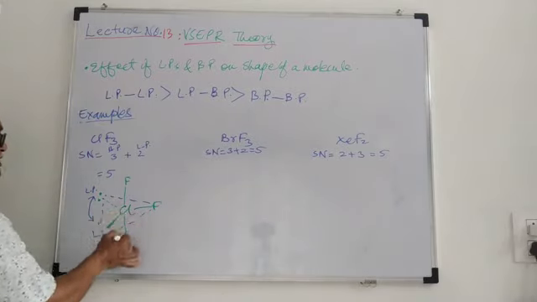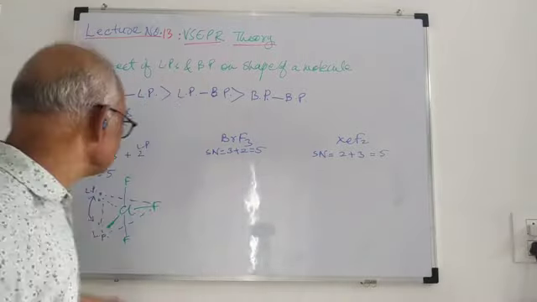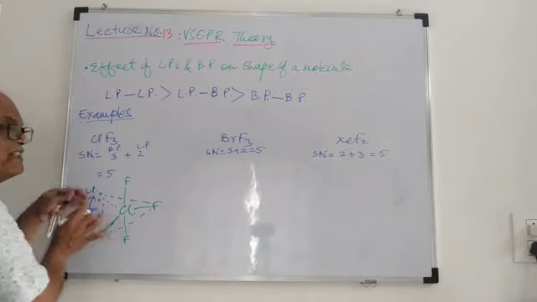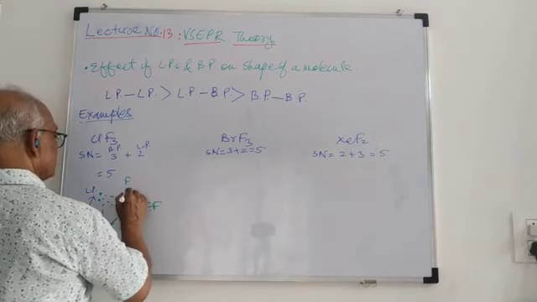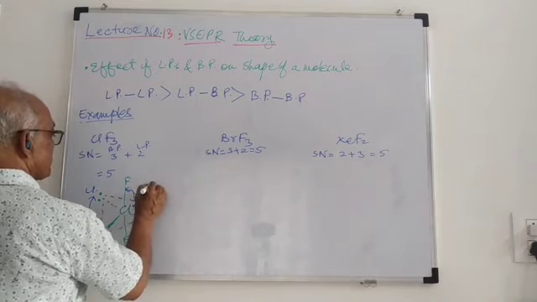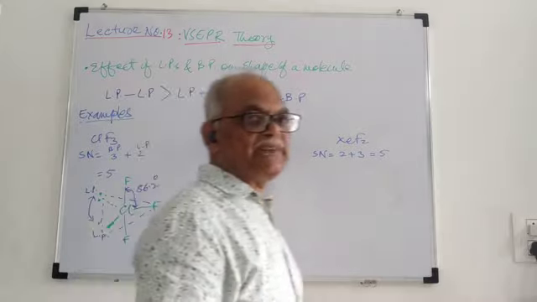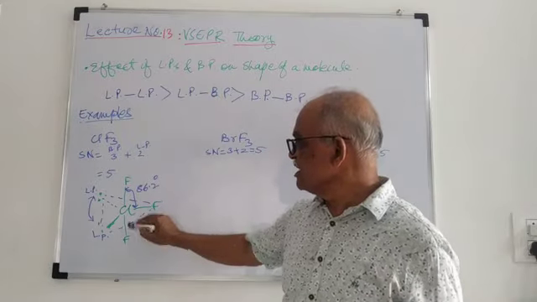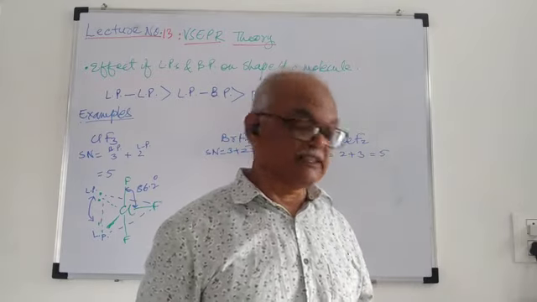But these fluorines, which are expected to be perpendicular to this plane, are moving slightly away. So this bond angle is reduced from 90 degrees to 86.2 degrees, or we can say the Cl-F angle is 173 degrees.